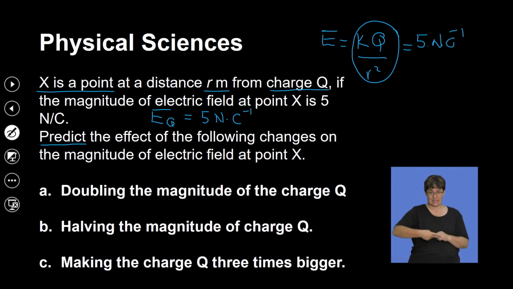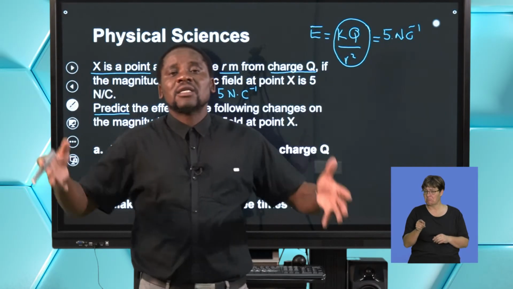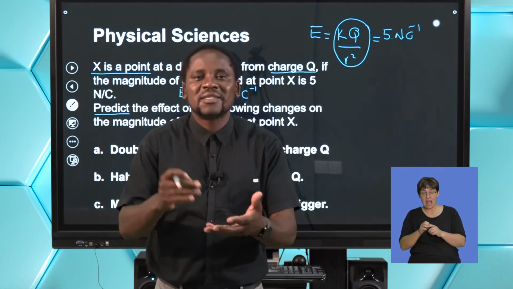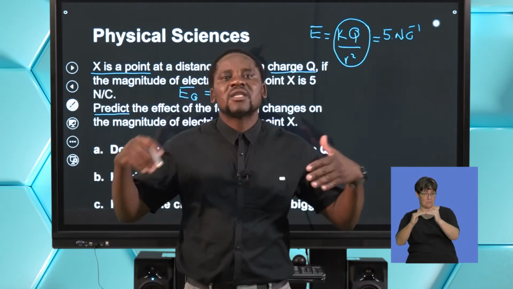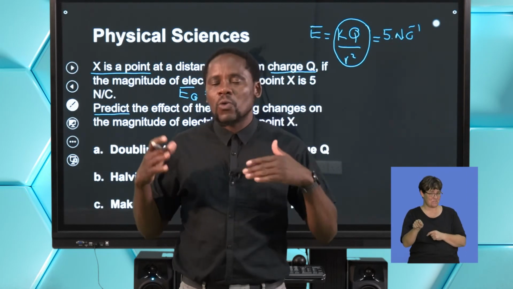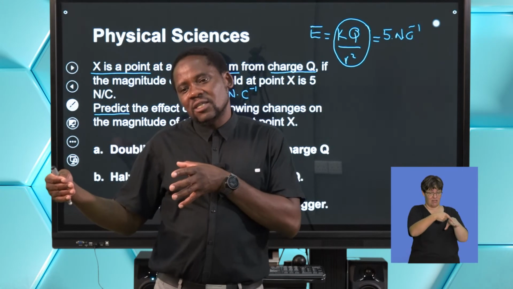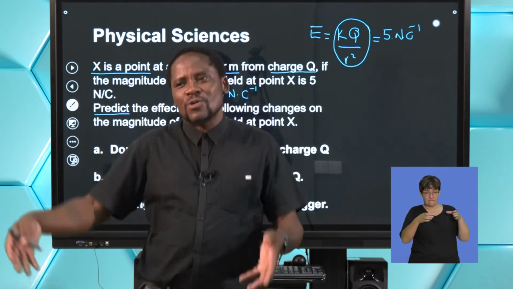But now, if we double the charge, the question that remains, basics, does the value of E at that point increase, decrease, or remain the same? That's the line of thinking that we want to use. So if we double the charge, does the field become stronger?